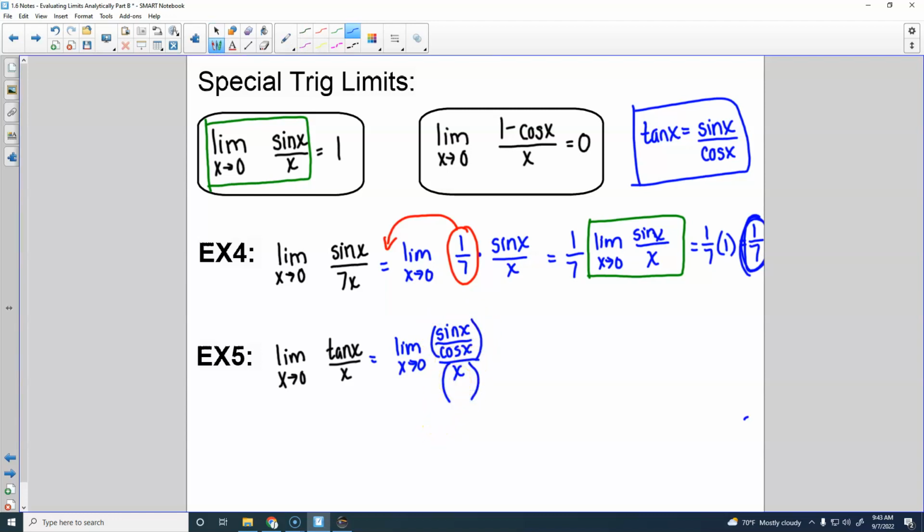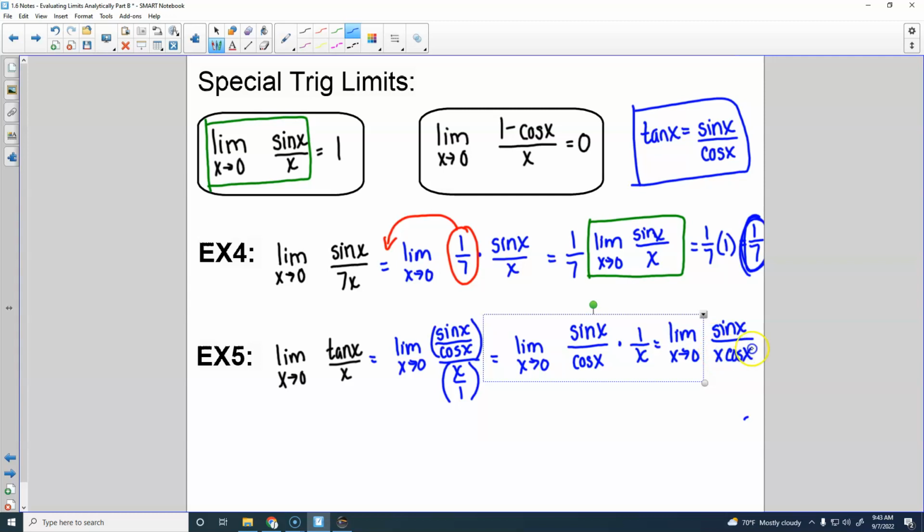I can treat this like it's x over 1, right? What do we do when we divide fractions? Flip the second and multiply. So we've got limit as x approaches 0 of sine x over cosine x times 1 over x, which will give us limit as x approaches 0 of sine x over x times cosine x.